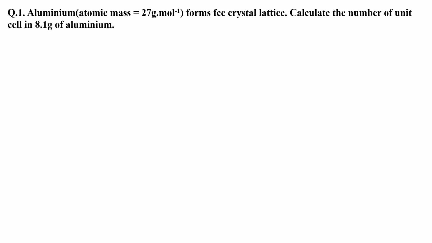So the number of moles of aluminium here is 8.1 by 27, because it is 8.1 gram and the atomic mass is 27.